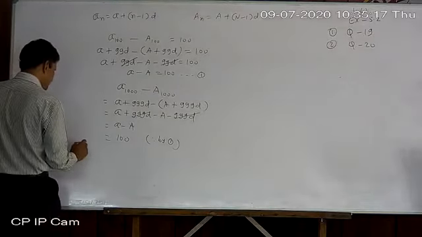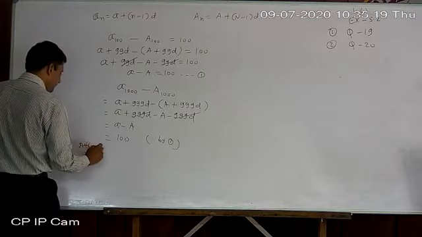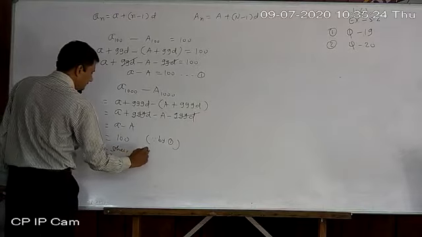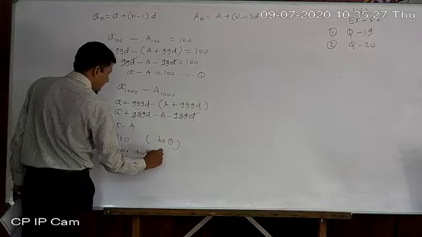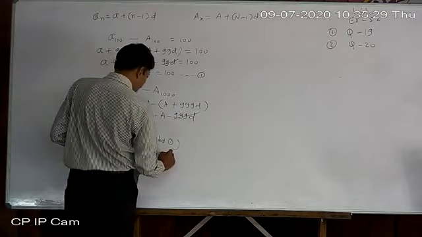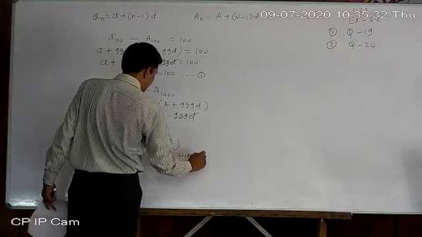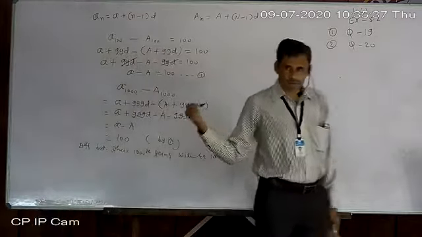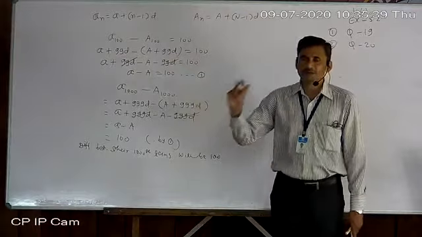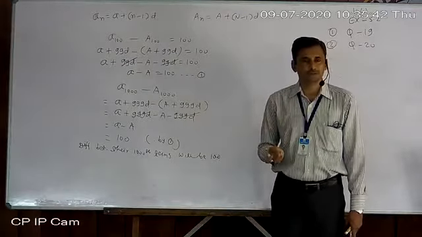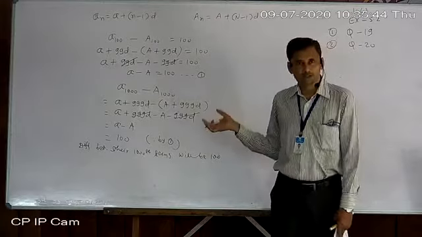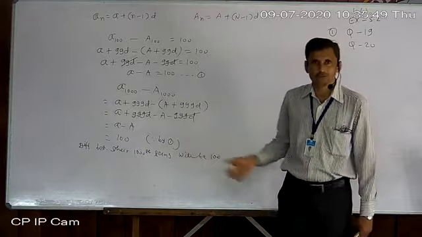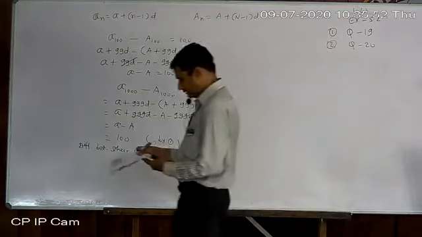So write down: the difference between their 1000th terms will be 100 only. Okay, as I told you at the start, before starting this, I gave you one example. That will remain constant only. If you find it the same way, for 2000 terms, then also it will be 100 only. Okay. Now look at number 15.